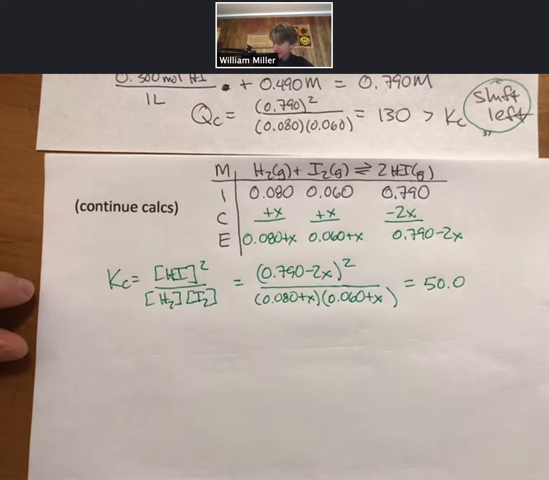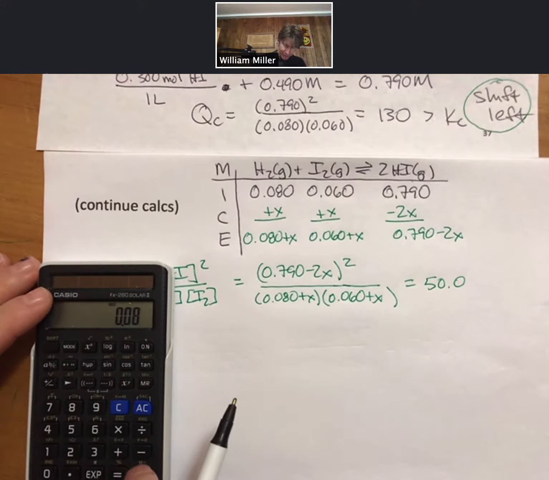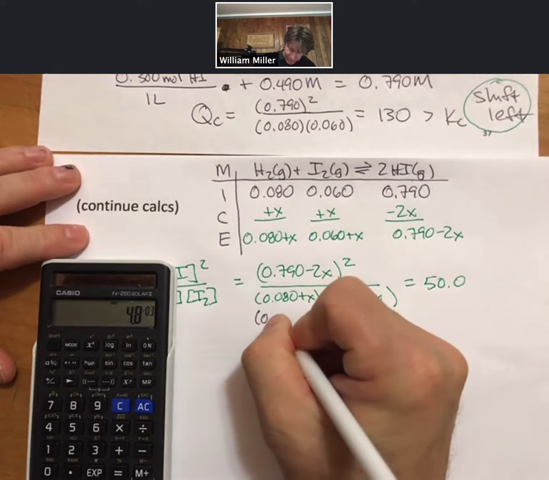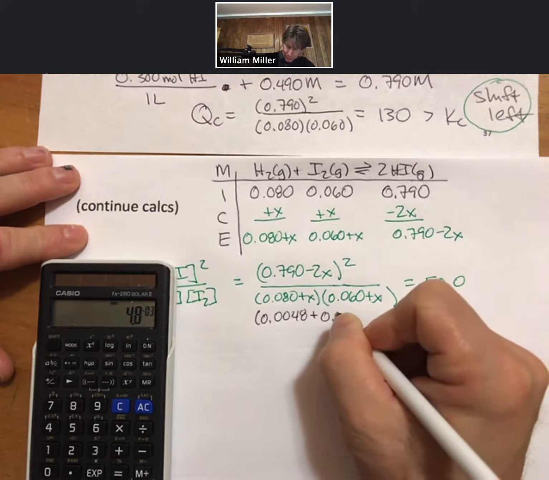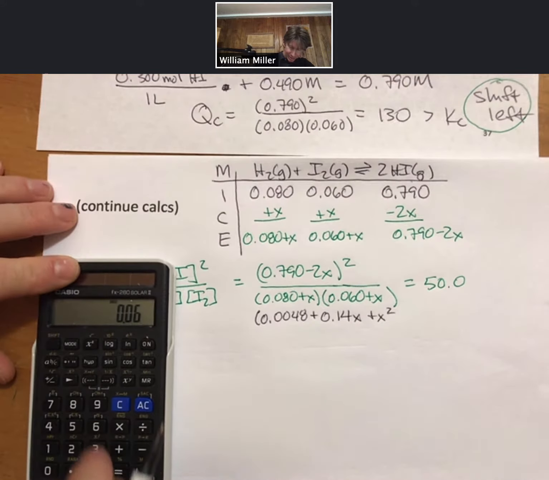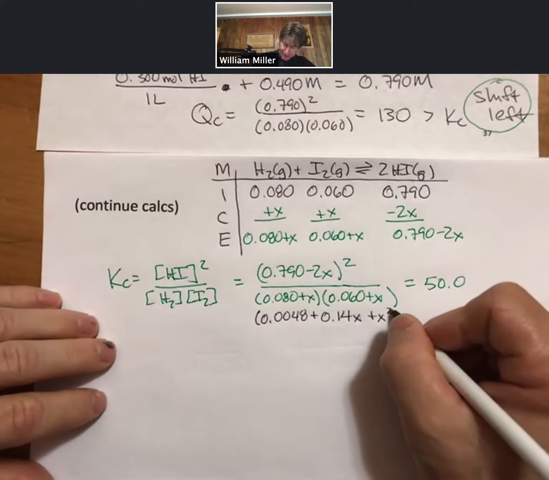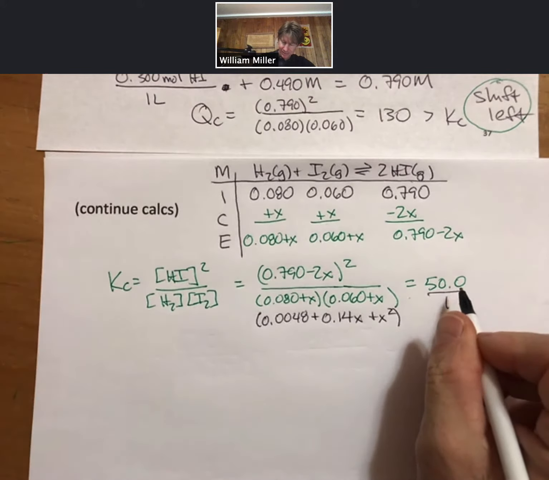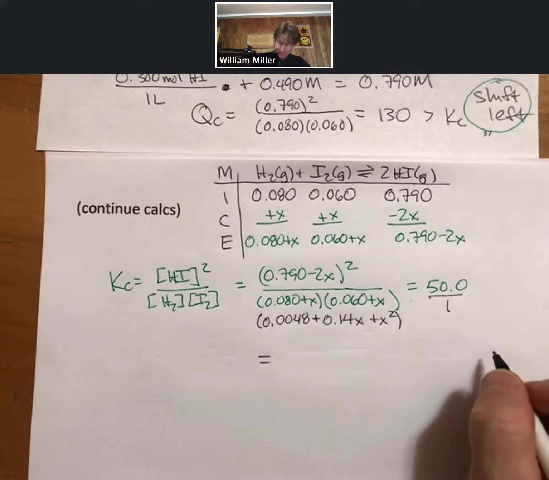So multiply all this out. It's going to get messy. 0.08 times 0.06 is 0.0048 plus 0.14x plus x squared. 0.08 plus 0.06 is 0.14. Then that's going to be cross multiplying, so all this is going to be times 50, and we'll put it on the right hand side over here.